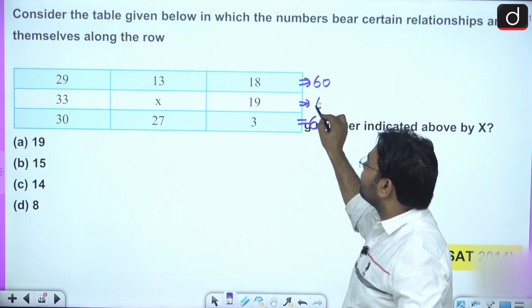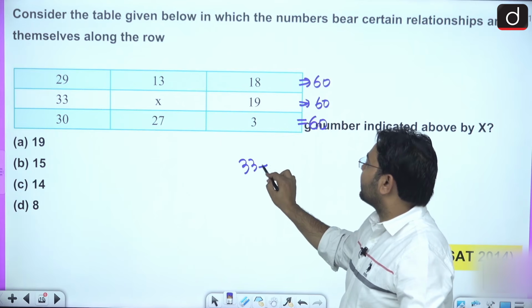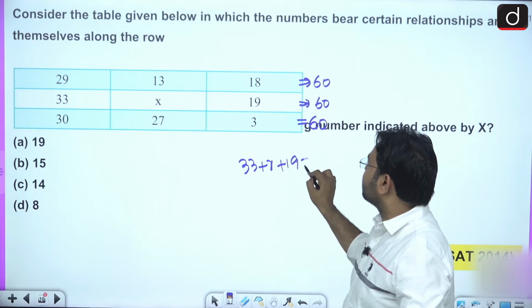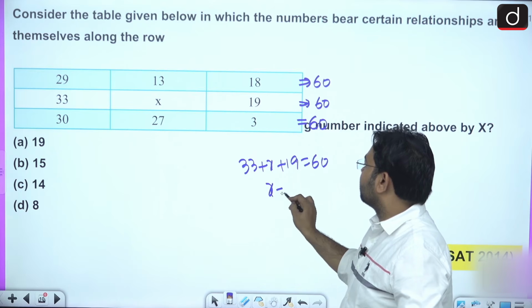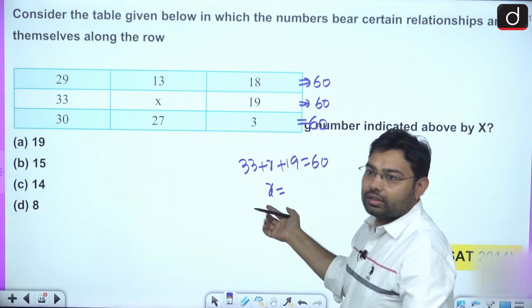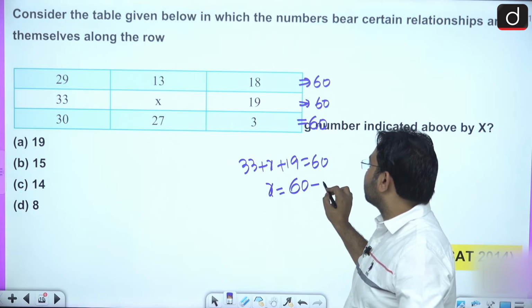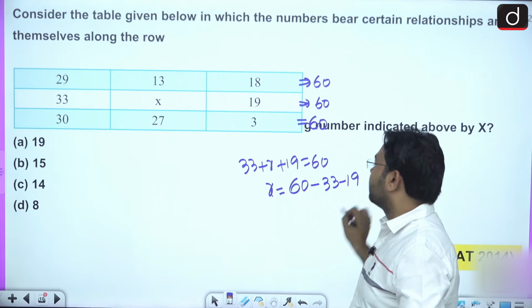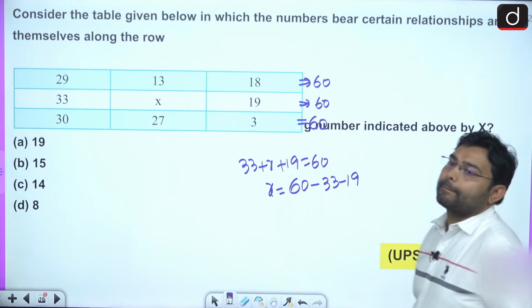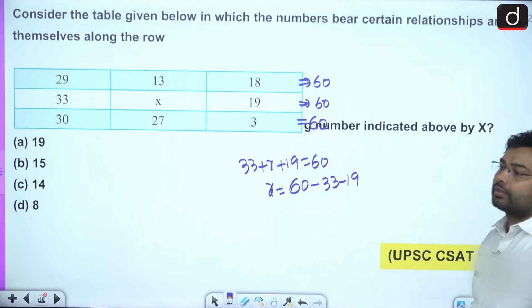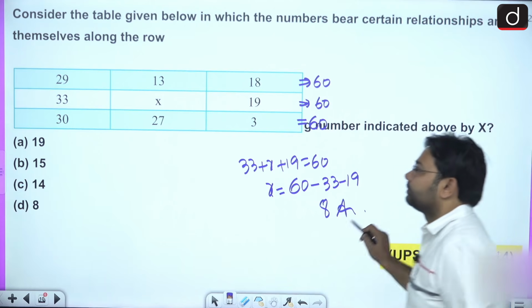So this should be 60. 33 plus x plus 19 is equal to 60. Then you can simplify this. 60 minus 33 minus 19. 8. Done.